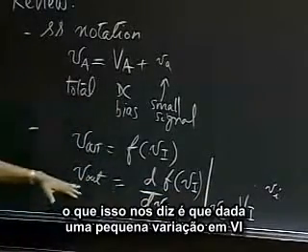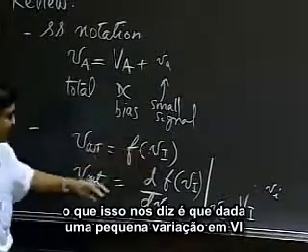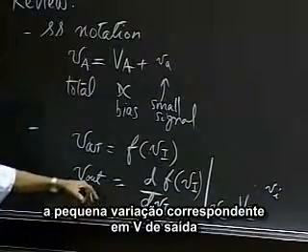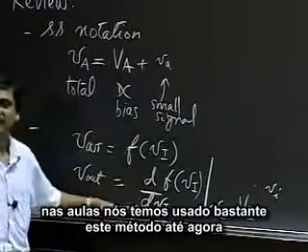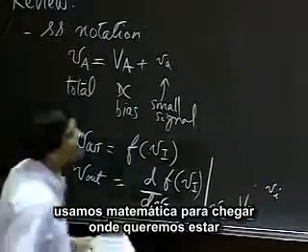So what this will tell you is that given a small change in vi, this expression gives you the small change in v out. And in lecture, we've pretty much used this method so far, use the math to get to where you want it to be.